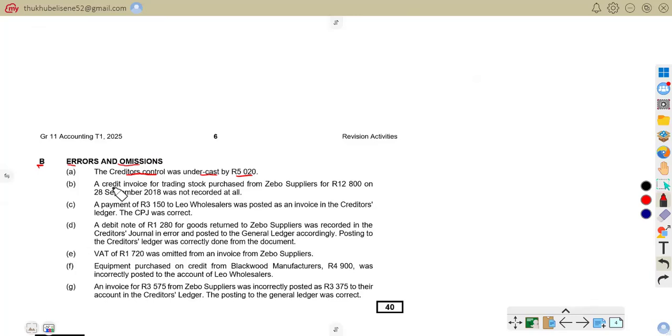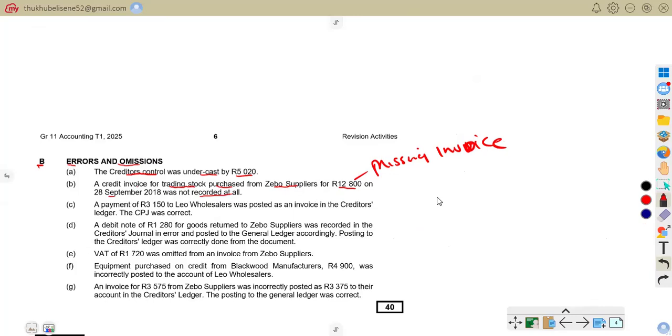As you can see here, it says a credit invoice for trading stock purchased from several suppliers for 12,800 on 28 September 2020 was not recorded at all. This is a missing invoice, because it was not recorded at all.